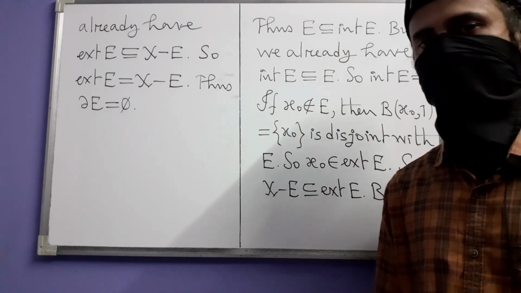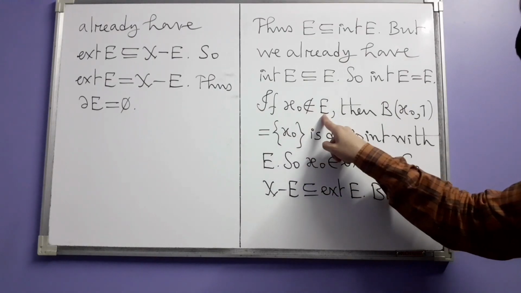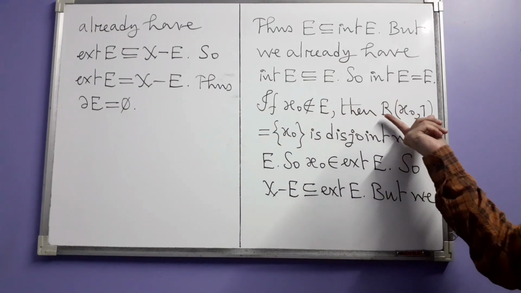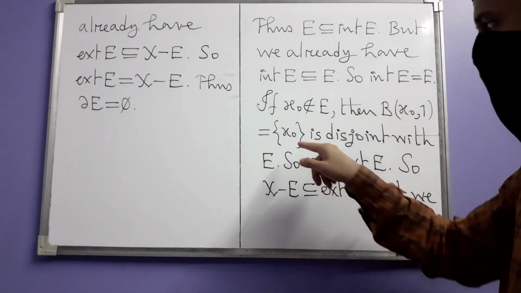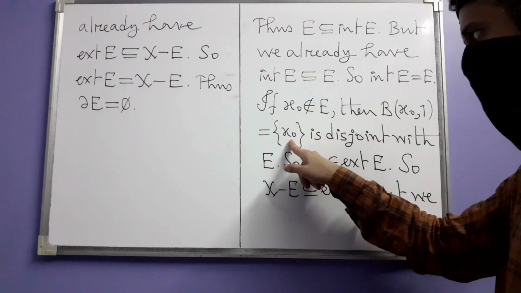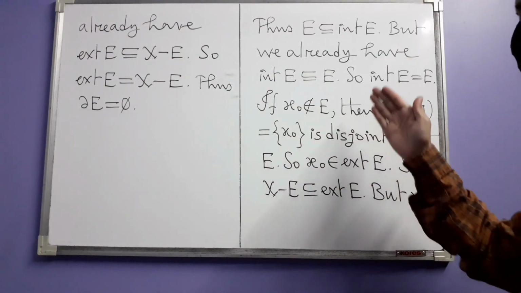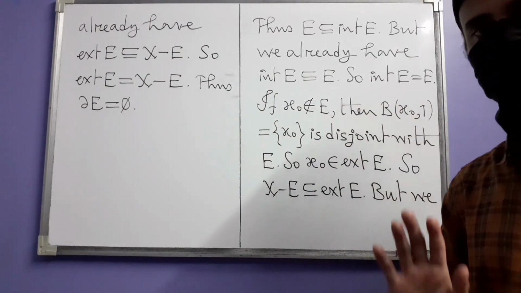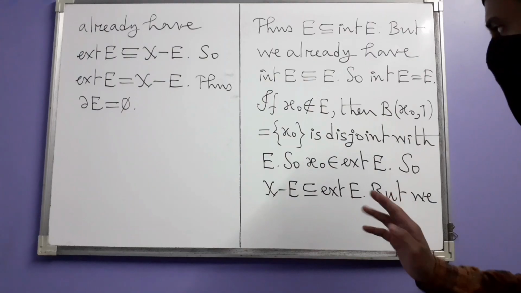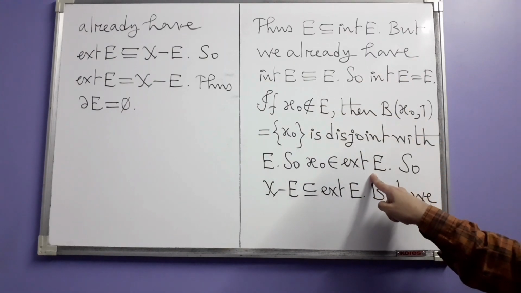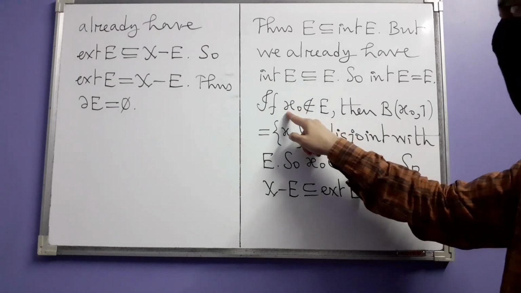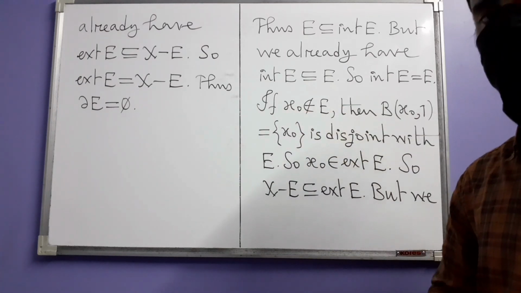On the other hand, if X0 is not in E, then again you can consider this ball centered at X0 having radius 1, which is the singleton set consisting of X0. It is this time disjoint from E, it does not intersect E, and as such X0 in this case is an exterior point of E. Now X0 not coming from E means what?